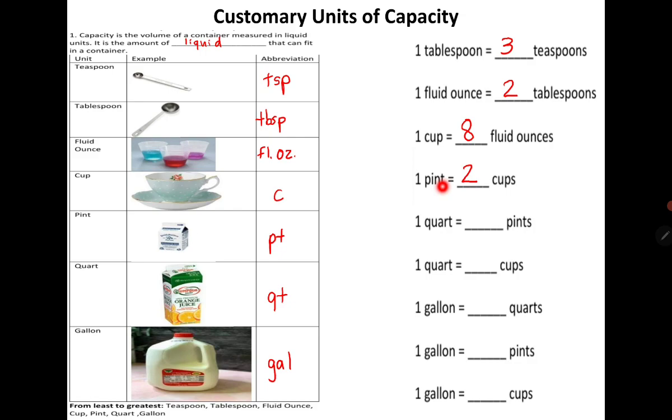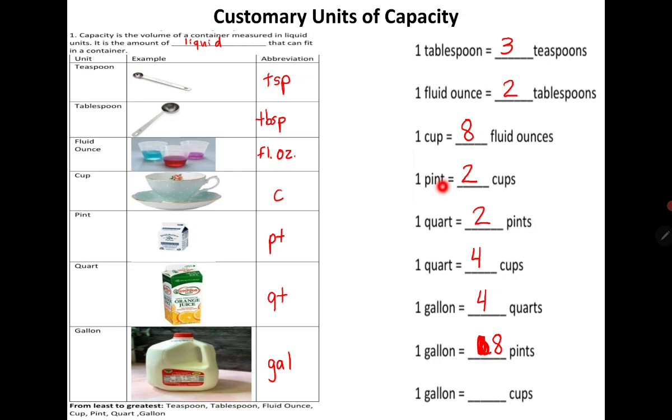1 quart is equal to 2 pints, so it would take about 2 small cartons to equal 1 larger carton. 1 quart is equal to 4 cups, so it would take about 4 cups of tea to equal that large carton. 1 gallon is equal to 4 quarts, so it would take about 4 larger cartons to equal 1 gallon. 1 gallon is also equal to 2 pints, so it would take 2 of those, not 2 pints. 1 gallon is equal to 8 pints.